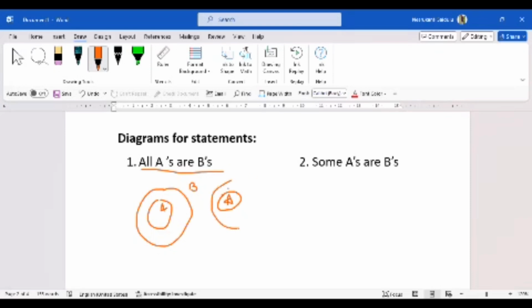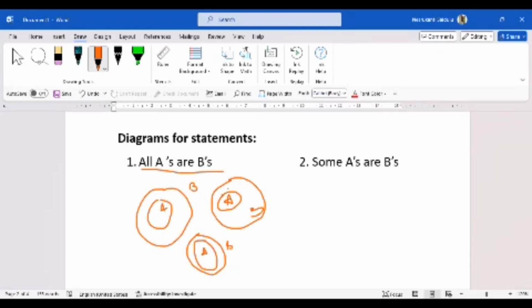Another possibility of the diagram: A like this, and this one is B. There is a possibility of this diagram, right?